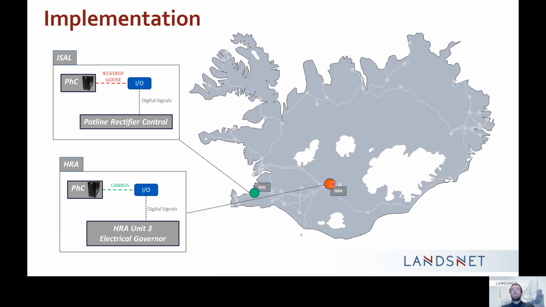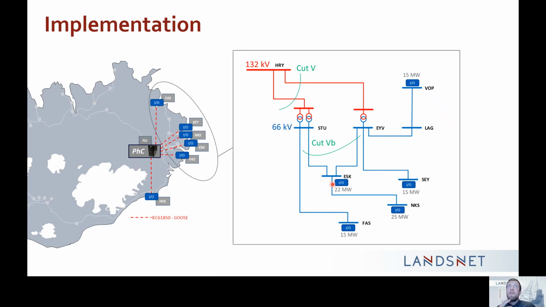But if we look to the east, for example, this is a case where we are actually load shedding fish factories, which are on curtailable load. So we have an installed capacity of about 100 megawatts in these 6 locations.